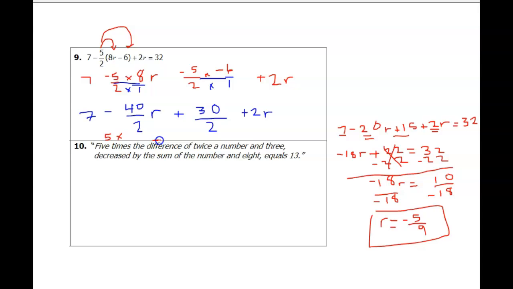So I'm subtracting twice a number. What does that mean? Times what? I take the number times what? Twice. What is it? 2. Yeah. I take the number twice. So 2n, twice a number, and 3.